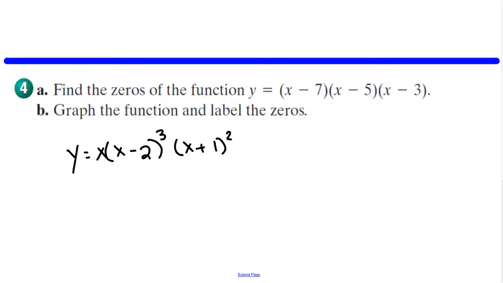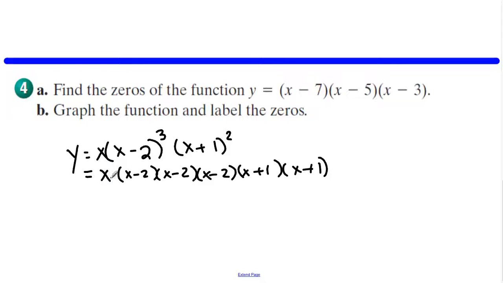Okay, so what this means, if we expand this, is x times x minus 2, x minus 2, x minus 2, x plus 1, and x plus 1. Because we have 3 of these, so x minus 2, x minus 2, x minus 2. We have 2 of these, so we have x plus 1 and x plus 1.